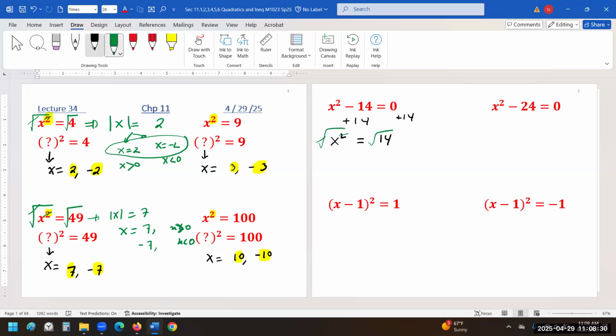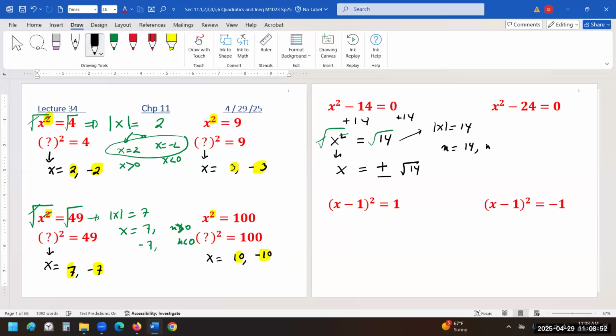So this cancels out. We're supposed to get absolute value of x, but you don't have to add absolute value if you write plus minus on the other side. Same as we have absolute value of x. But when you pull out absolute value, we have two choices.